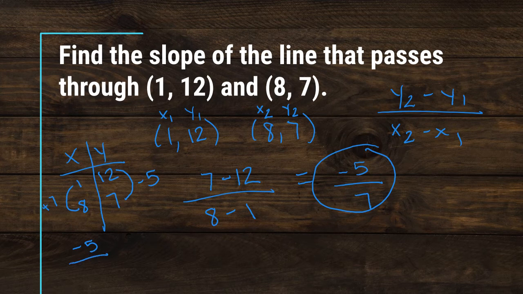So then I would have negative 5 over 7. Either way, I get the same answer. If you want to stick them into the table because you think that's easier, then you do that, okay? But I'm going to use the formal way, which is y2 minus y1 over x2 minus x1. Know that regardless of the method that you use, you're going to get the same slope.